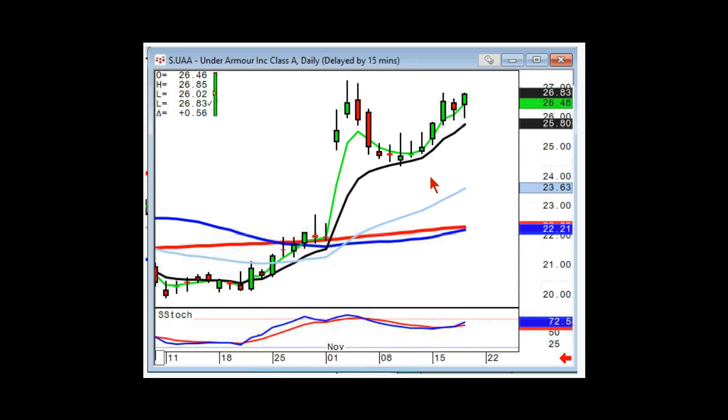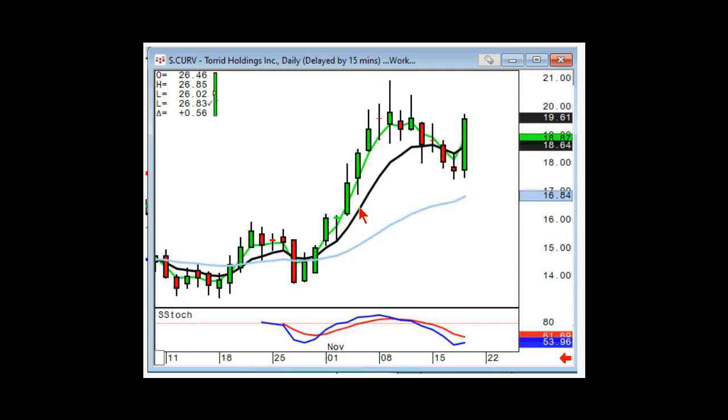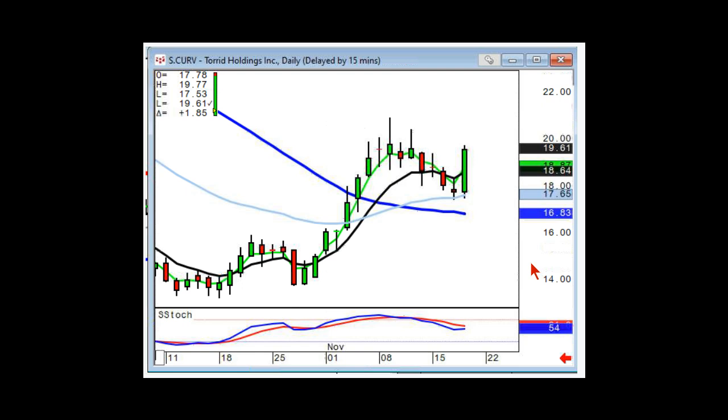So once you become convinced that the T-line is going to produce extremely high results, you can become much more aggressive as far as buying at the appropriate time. Knowing, again, that simple rule that as long as you're above the T-line, the prospects are pretty strong you're in an uptrend.